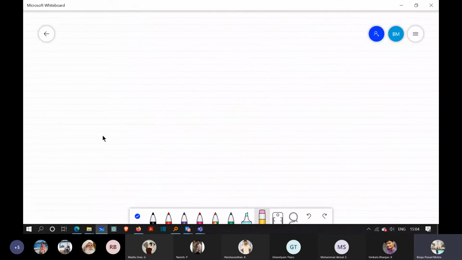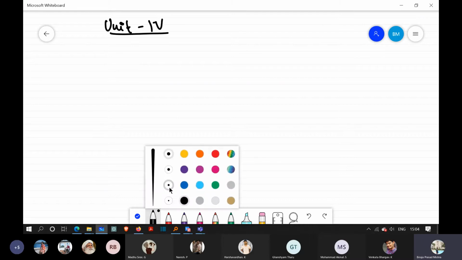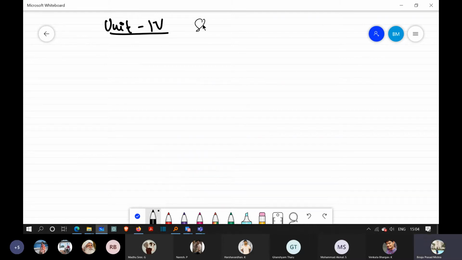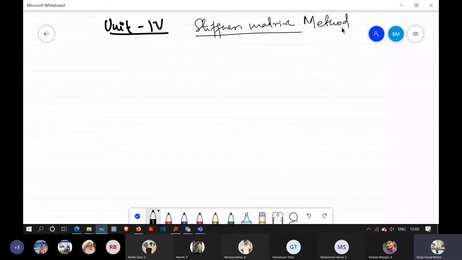Okay, so today we will start the new topic, that is Unit 4, and in Unit 4 we have the stiffness matrix method. Basically, the flexibility matrix method and the stiffness matrix method, these two are based on matrices.